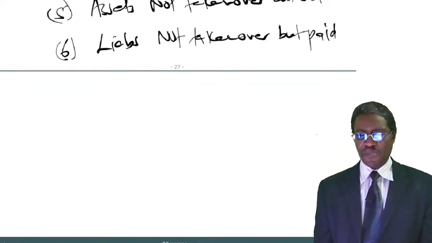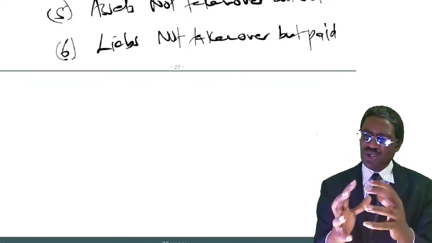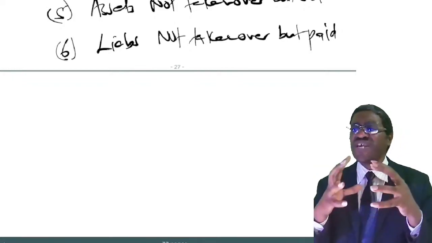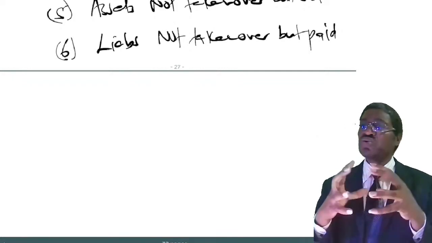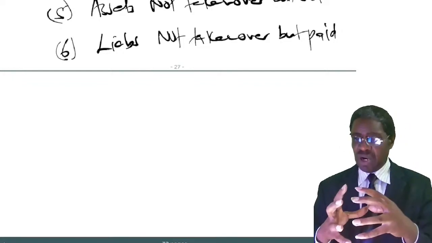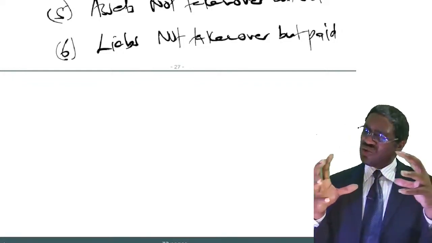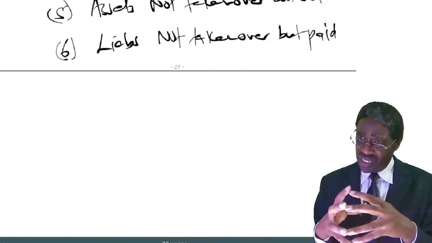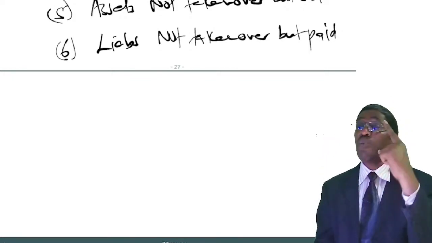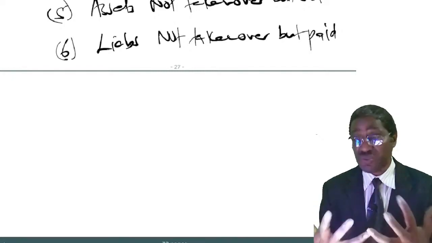What you do is open one liability account for everything that you owe to the ordinary shareholders, so that when the time of paying them comes, you will only pay them once, but not in piecemeal.